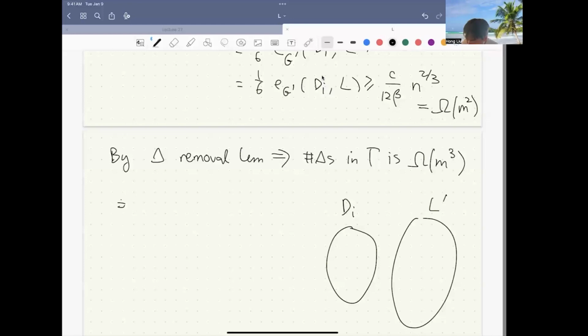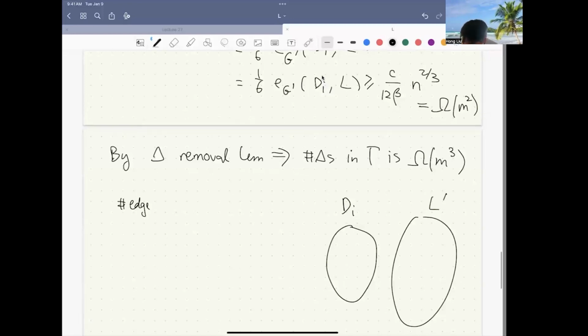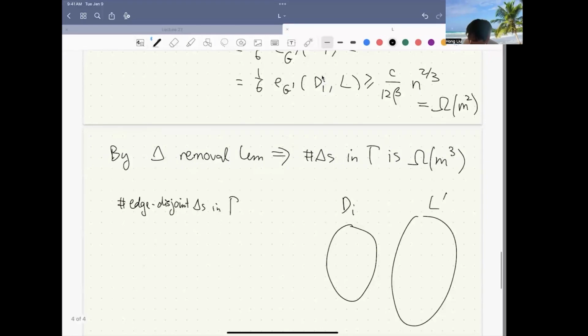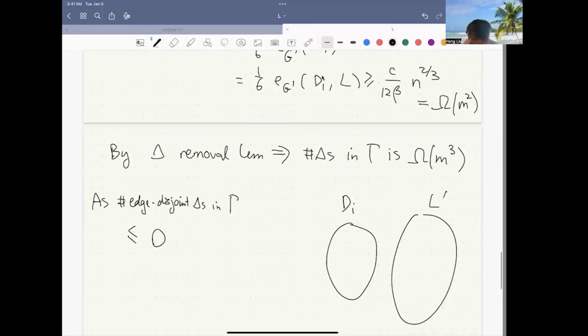And the number of edge disjoint triangles in gamma is at most big O of m squared. I think the best is a perfect Steiner triple system, which is roughly m squared over 6.